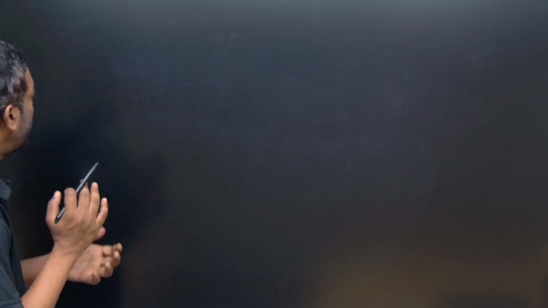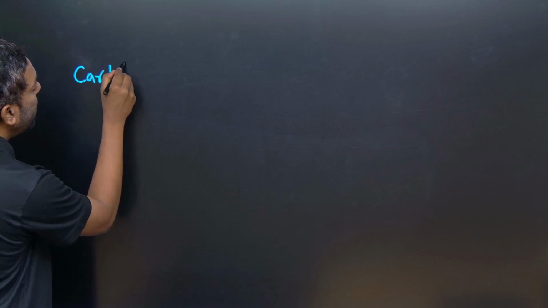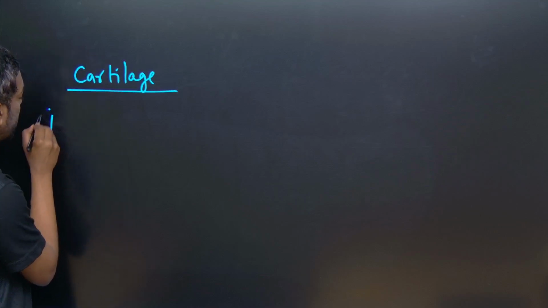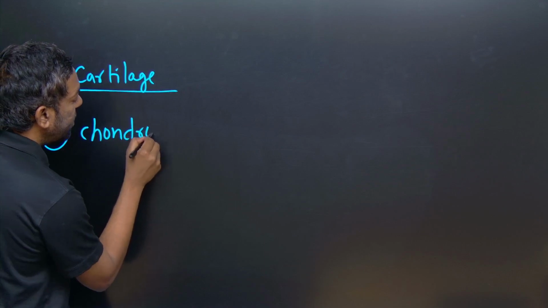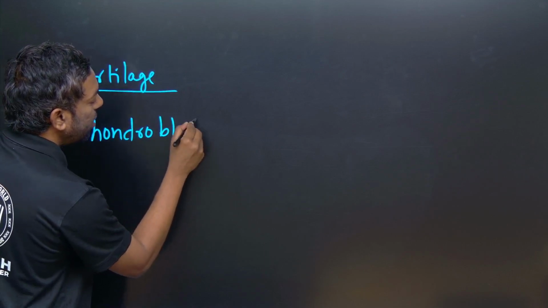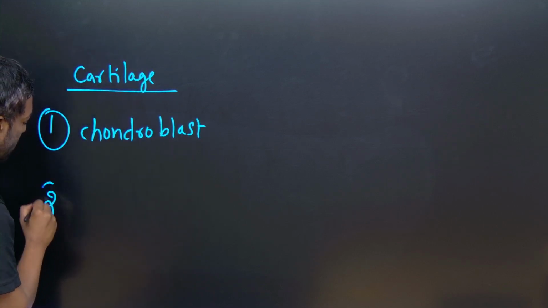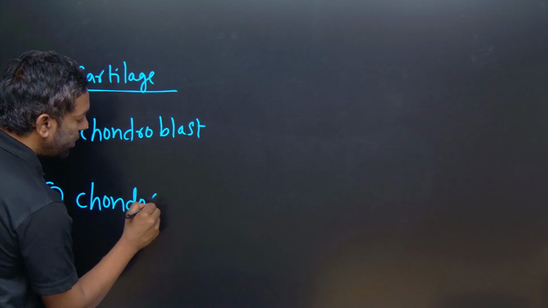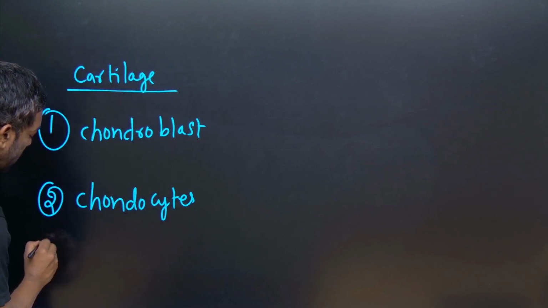Before coming to that, we need to know some terms about cartilage. The first one is chondroblast, the second one is chondrocytes, and the third one is chondroclast.